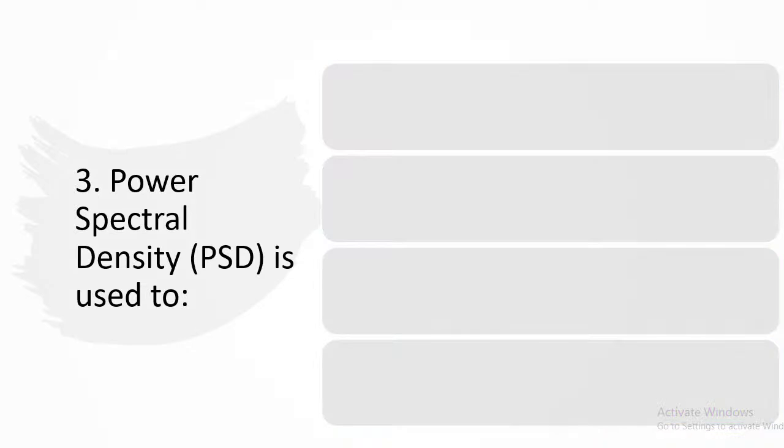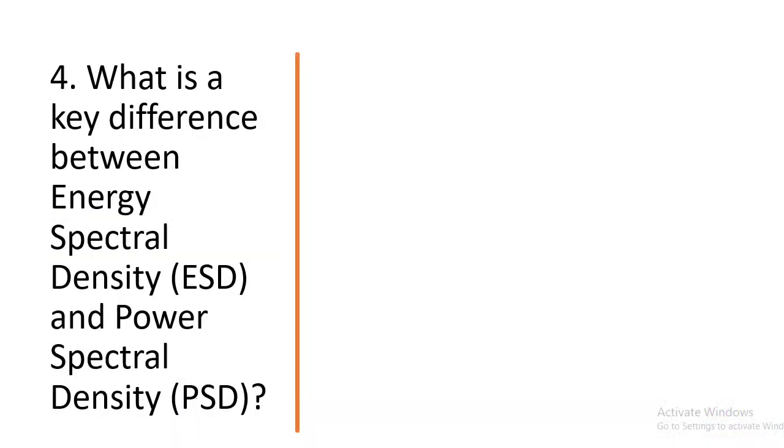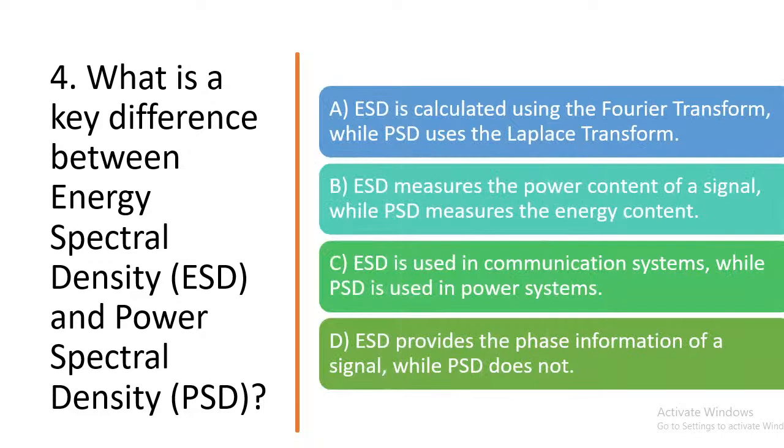Next question. What is a key difference between energy spectral density and power spectral density? ESD is calculated using Fourier transform, while PSD uses Laplace transform. ESD measures the power content of a signal, while PSD measures the energy content. ESD is used in communication systems, while PSD is used in power systems.